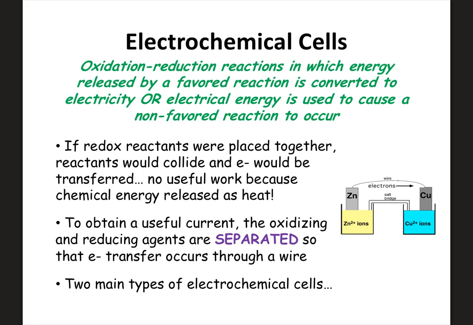So if you want to actually create a useful current, if you want to create electricity, you have to separate the oxidizing and the reducing agents. Then the electron transfer will happen through a wire instead of just generating heat. And when the electron transfer happens through a wire, this is the creation of electricity essentially.